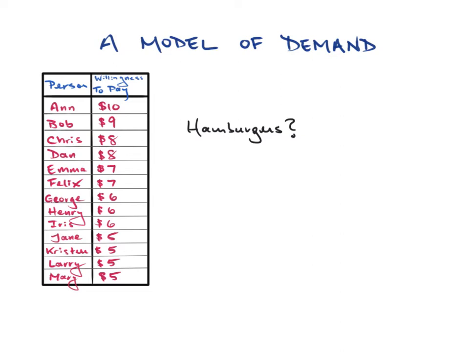Finding $1 on the ground, that's one candy bar. Finding a $5 bill on the ground, that's 5 candy bars, or whatever you like to spend your money on. But we can just talk about things in terms of dollars worth of happiness. Okay. So Anne, she would get $10 of happiness from a hamburger.